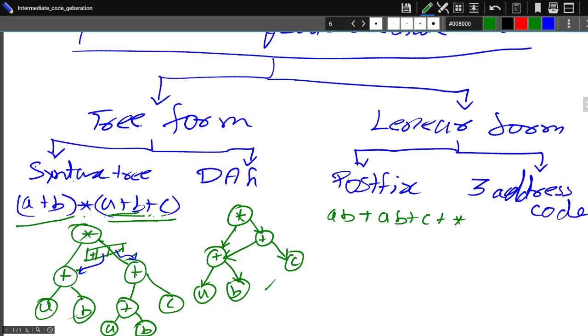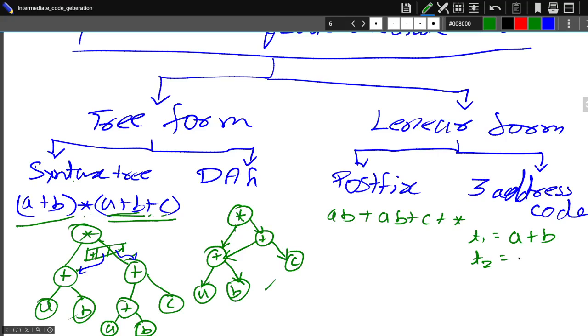For this thing you will have, okay, let us take a temporary variable t1. It will be equal to a plus b. Temporary variable t2. Now again, for these 2 operations you can keep a plus b and then c, and then in the next one you can merge it with the c, right?